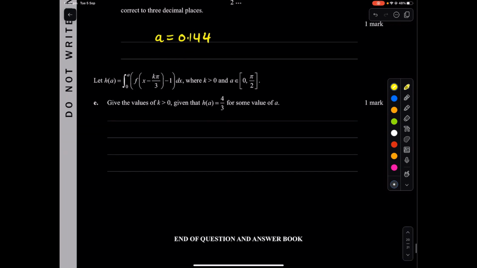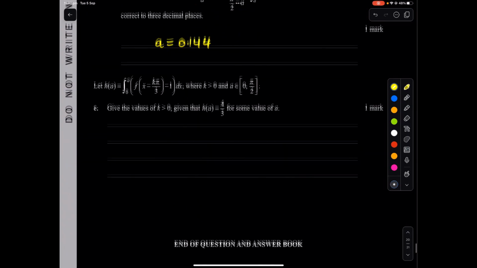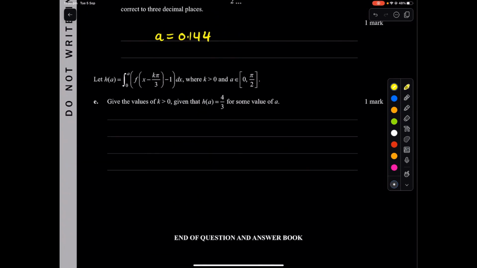That's a pain, but yeah, let h of a be this, where k is greater than 0 and a must be this. Give the values of k greater than 0, given that h of a is 4/3 for some value of a. It's only 1 mark. Look, these are probably hard questions. So for this one, what I would do is think of it like this.